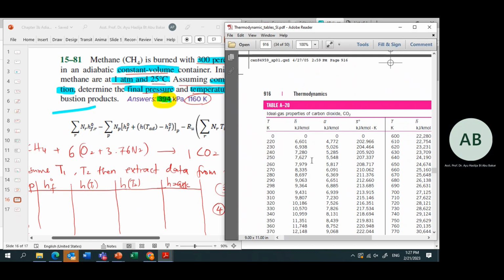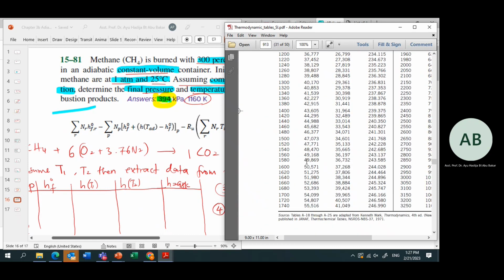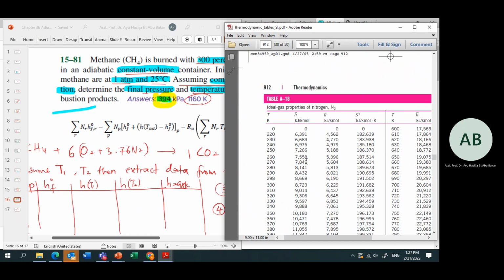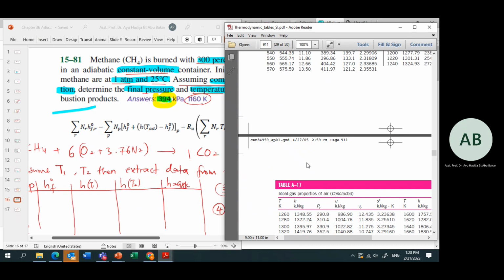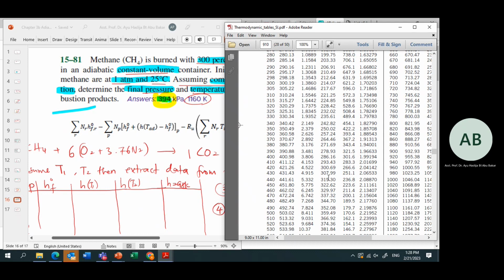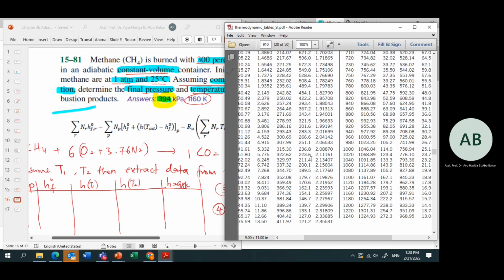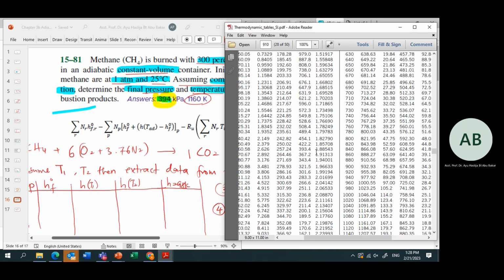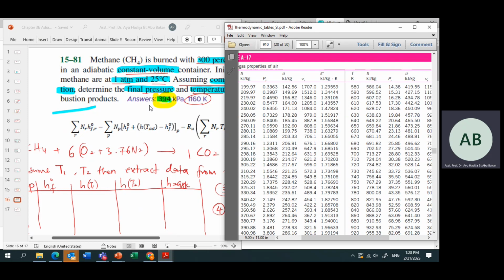Which table lists the pressure? It's not in the table. So what do you think? Where to get the pressure?